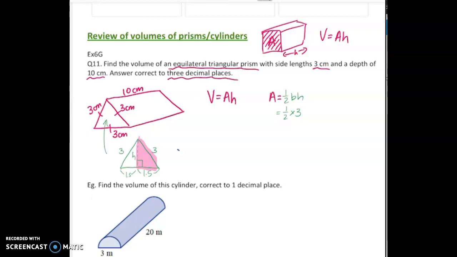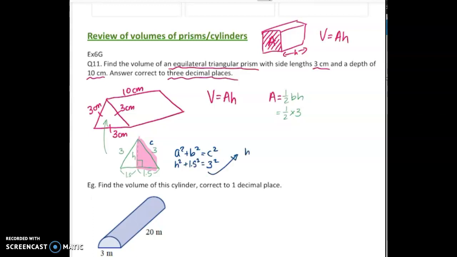So a squared plus b squared is c squared, where c is the hypotenuse. So we can replace that with 3. a and b are the lengths of our shorter sides, so 1.5 squared and h squared. Then we just solve for h.